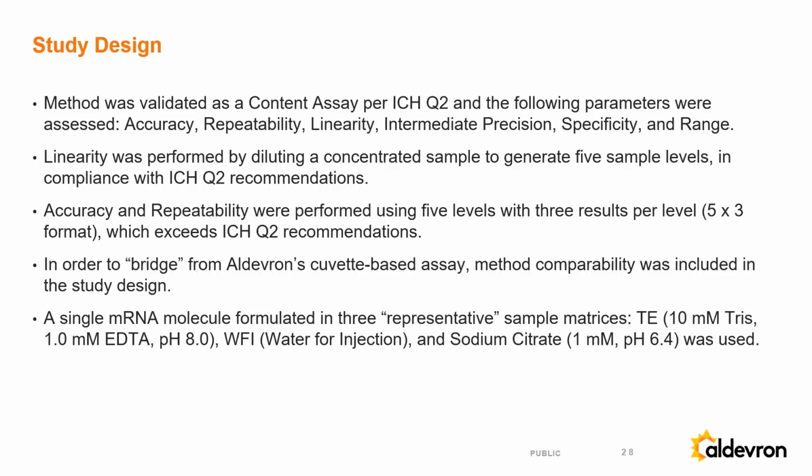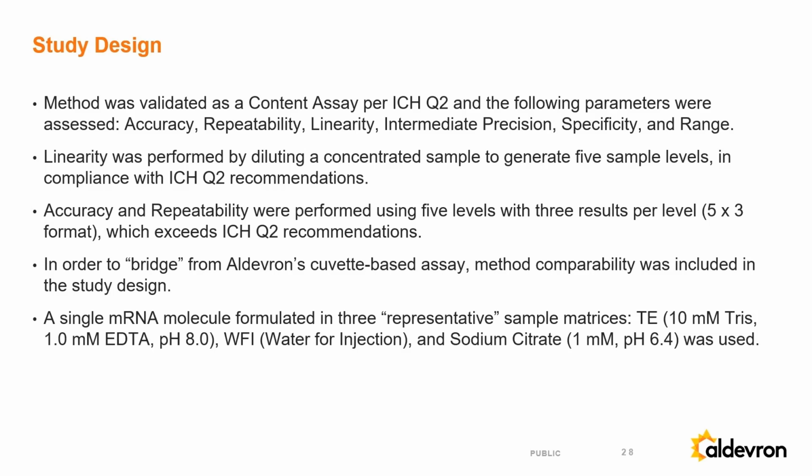If we spend a minute talking about the study design for this particular validation, Aldevron very closely follows ICH Q2 when it comes to validation parameters. This particular assay would fall under the content assay as described in ICH Q2. The following parameters were assessed: accuracy, repeatability, linearity, intermediate precision, specificity, and range.